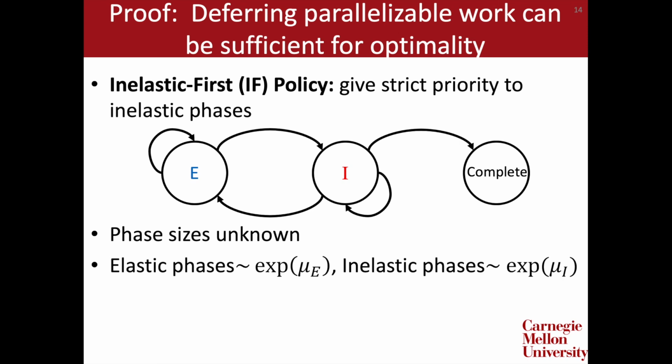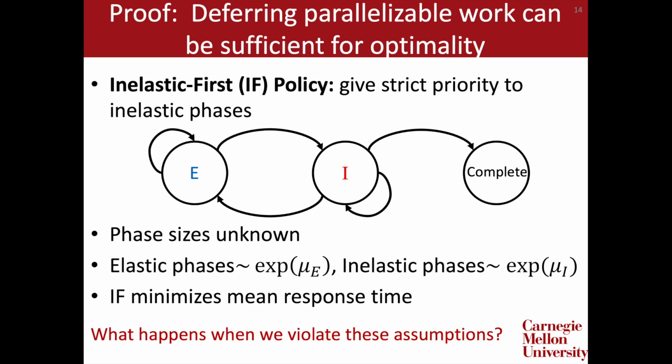And while the scheduler can see the current phase of each job, it doesn't know the exact sequence of phases for each job a priori. In this case, we can construct a coupling argument to show that Inelastic First is optimal with respect to mean response time. Of course, this begs the question as to what a good phase-aware scheduling policy looks like when any or all of these assumptions are violated.